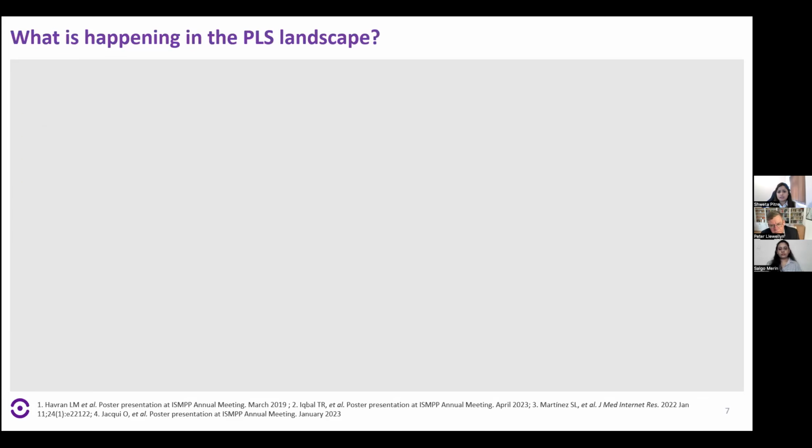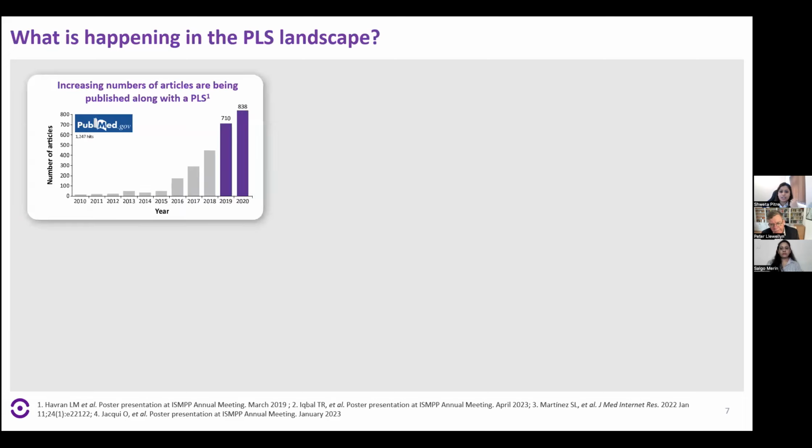Moving on. So what is happening? Let's talk about some numbers. What is happening in the PLS landscape? How many people are accessing it? Like I said, plain language summaries started early, but you can see an accelerating rise in the number of PLSs published in the last 5 years.